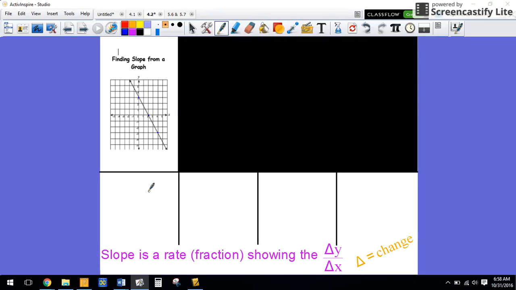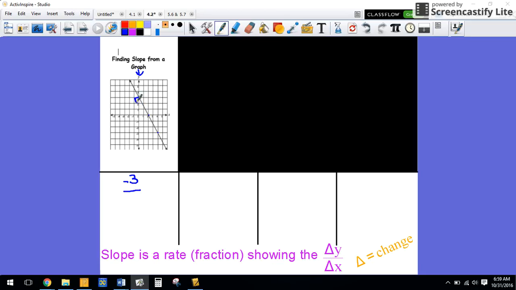Okay, so my first thing I want to do is find the change in the y values. So I'm going to use my y-axis first. I'm going to count, and I'm counting down 1, 2, 3. Keep in mind that down is represented by a negative number, so our change in y is actually -3. Okay, so now I need to find the difference in my x values.